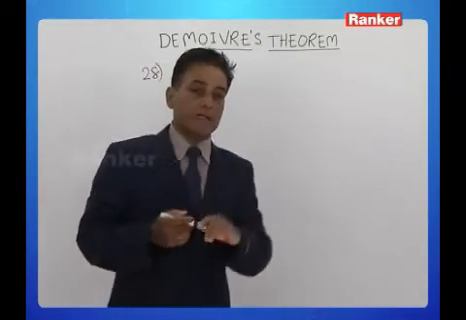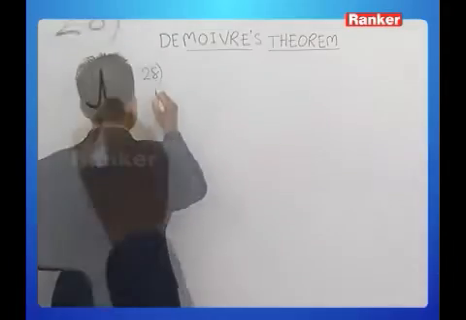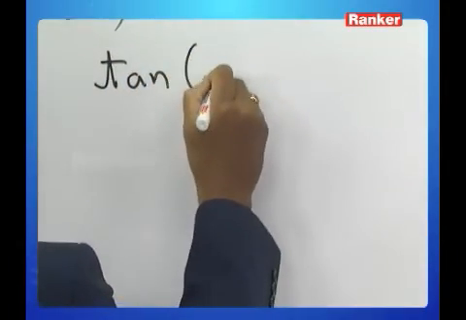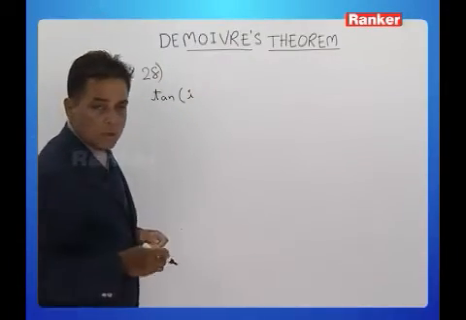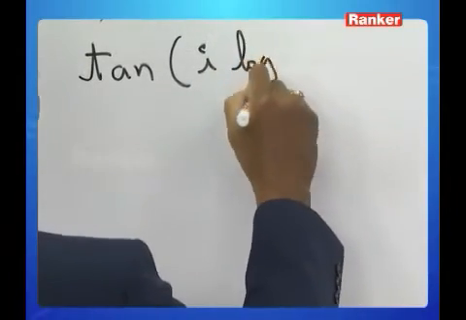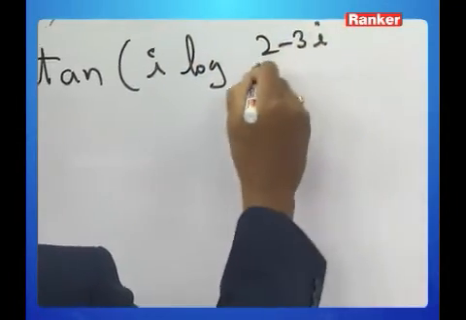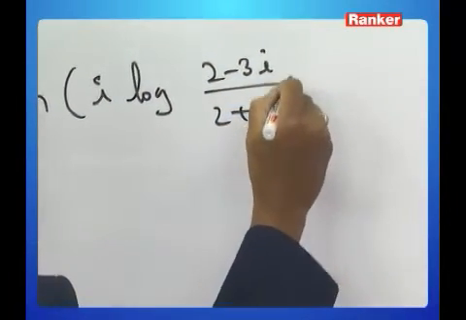Question number 28. Tan of bracket i log of 2 minus 3i by 2 plus 3i.